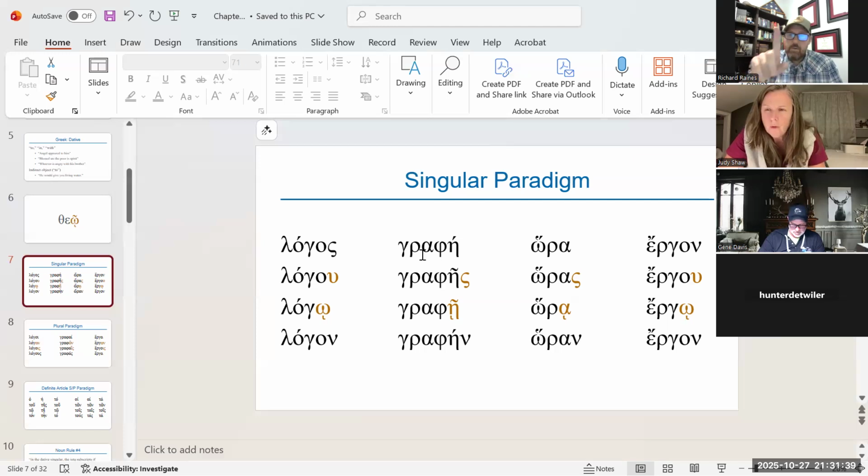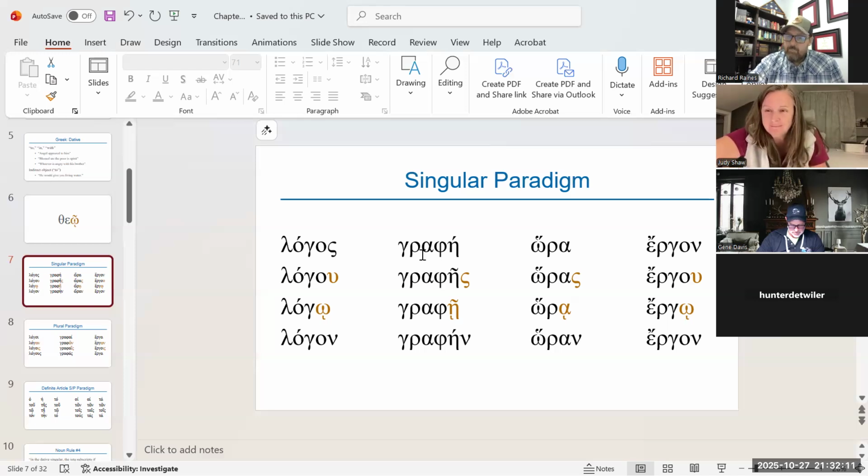To, in, or with hour. And what's the lexical form? Hora, without the subscript. You'll get it. You already know more than you did when you started this class tonight, so you're learning.